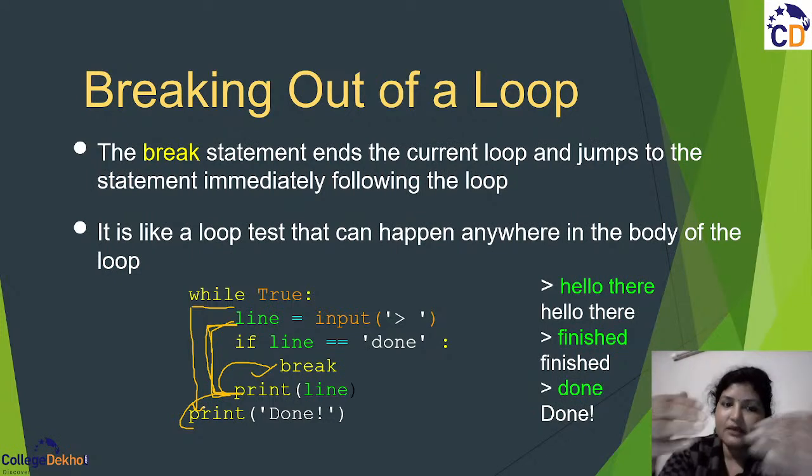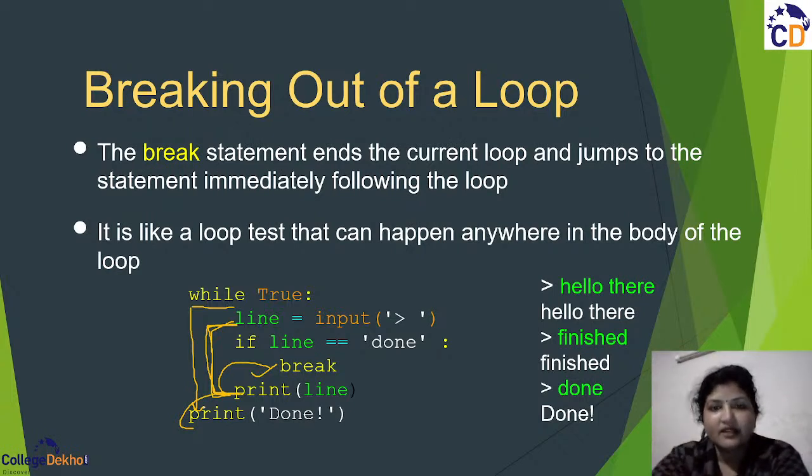So break means coming out of the loop. It is like a loop test that can happen anywhere in the body of the loop. Whenever you want to test the condition, you may use the break statements.